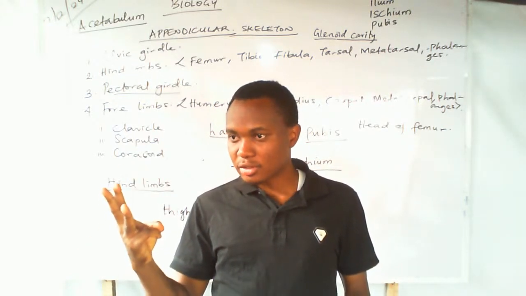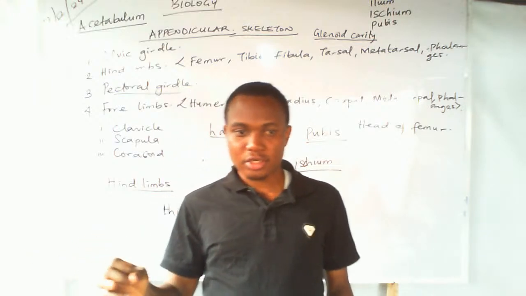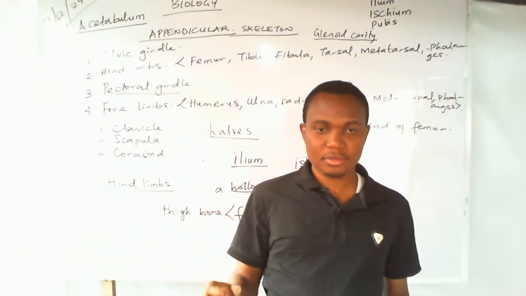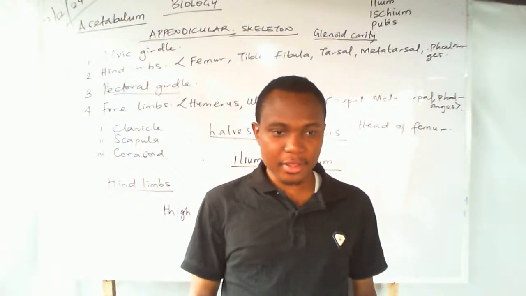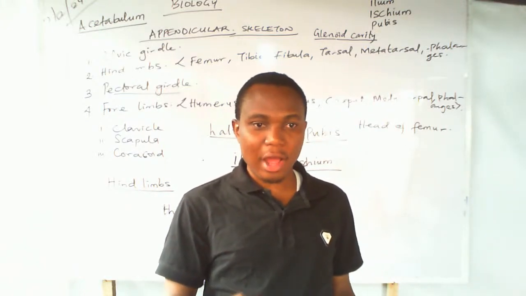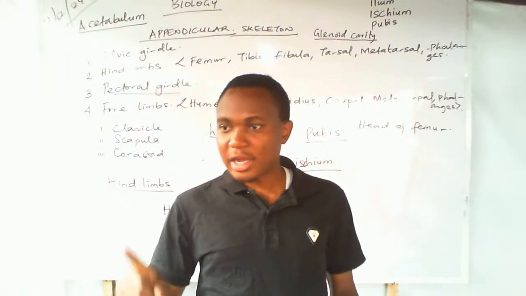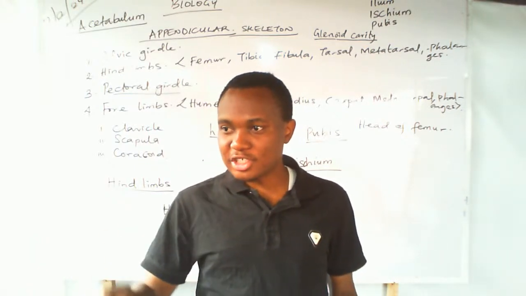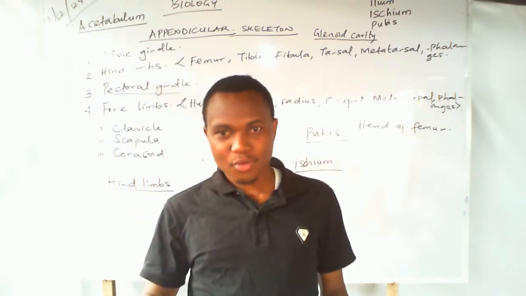Three bones: the ilium, the ischium, and the pubis. Then at the lower end, they fuse together to form a particular hollow, yes or no? What is the name of the hollow? Acetabulum, which is the one that is what? The point of articulation.